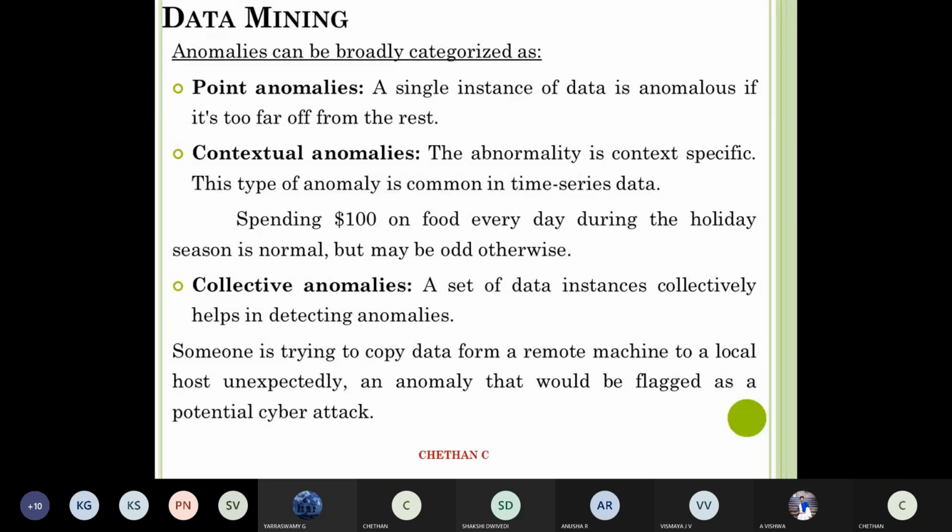Then there is something called context. Based on the context, certain things can be termed as fraud or not. Generally this happens especially in the West: the majority of people spend a lot of money in the holiday season, which is right after Thanksgiving, the last week of November, up to the new year.